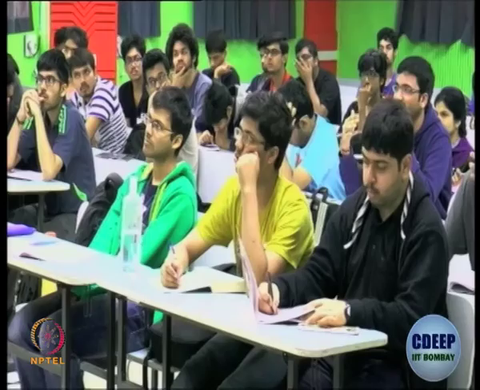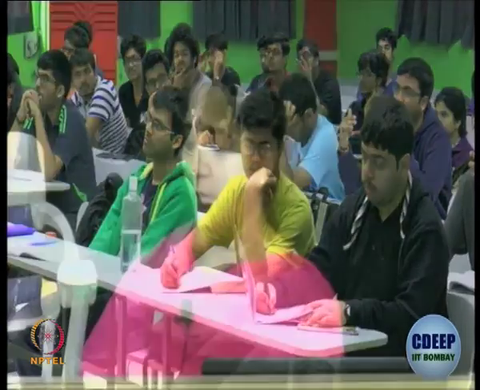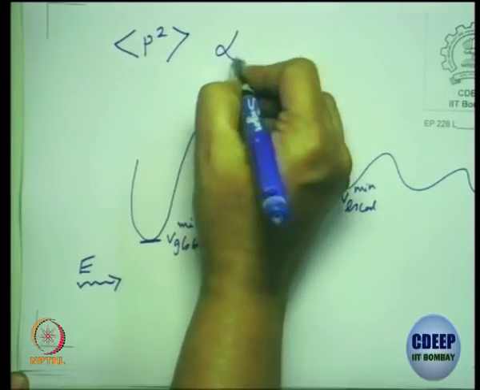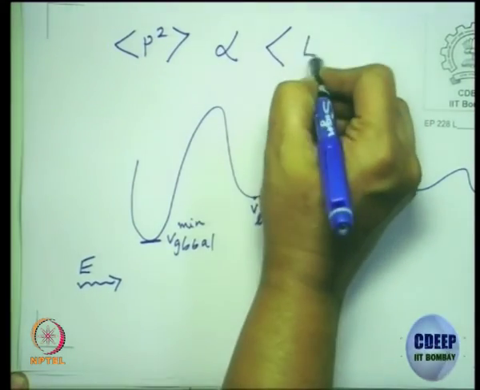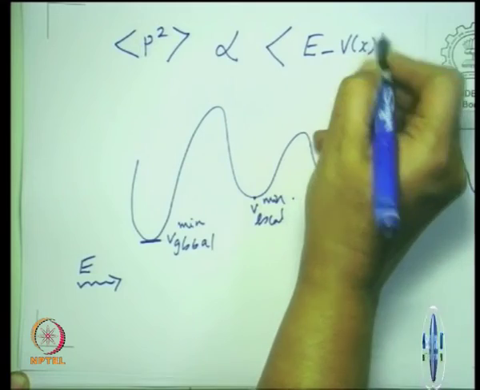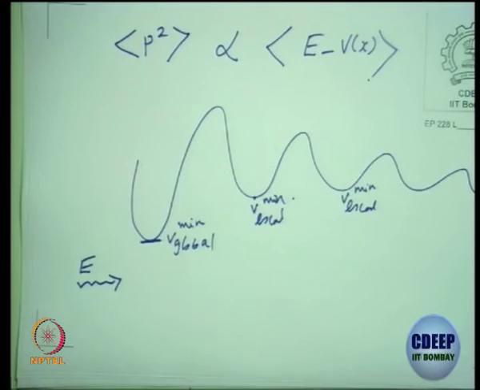You have proved this at some point. How did you prove it? You can do it for a simple step potential. How do you prove it? Remember? If you take the expectation value of P squared, that will be proportional to the expectation value of E minus V of x in the Schrodinger equation.